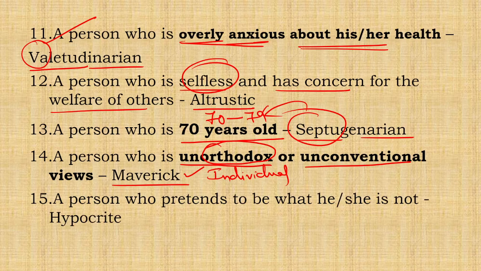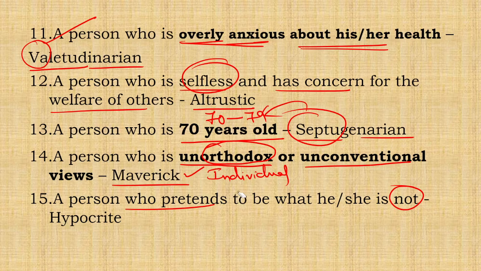Next, final one. A person who pretends to be what he or she is not. You have to be very careful with the word not. Let me tell you one saying. Before you could teach somebody how to do things, you have to follow them yourself. Before you say, do this thing, do that thing, right thing, wrong thing, you have to first follow it.